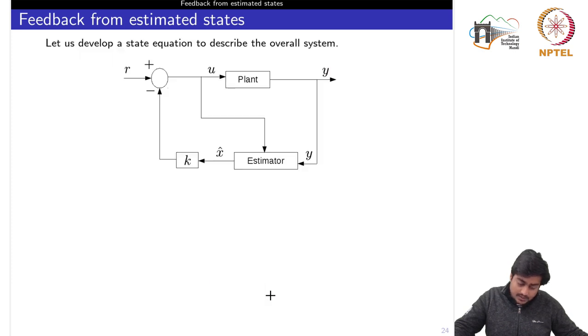So to answer these questions, we'll first develop the state equation of the overall system to further analyze what is happening inside the closed loop. I will write here the equation of the plant also, which is x dot is equal to Ax plus Bu.